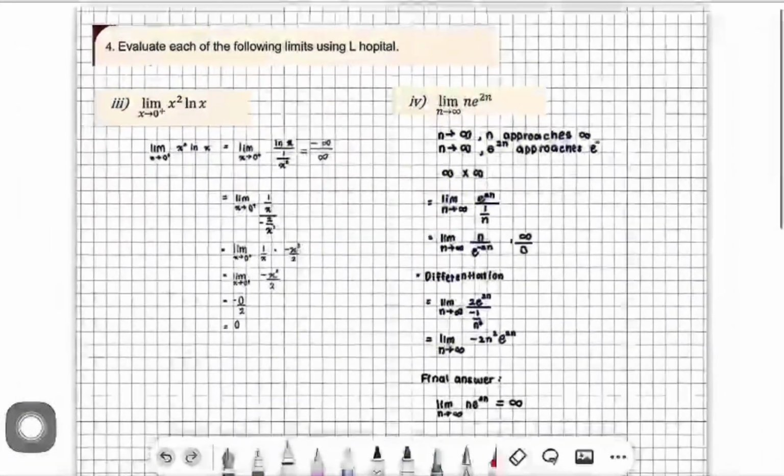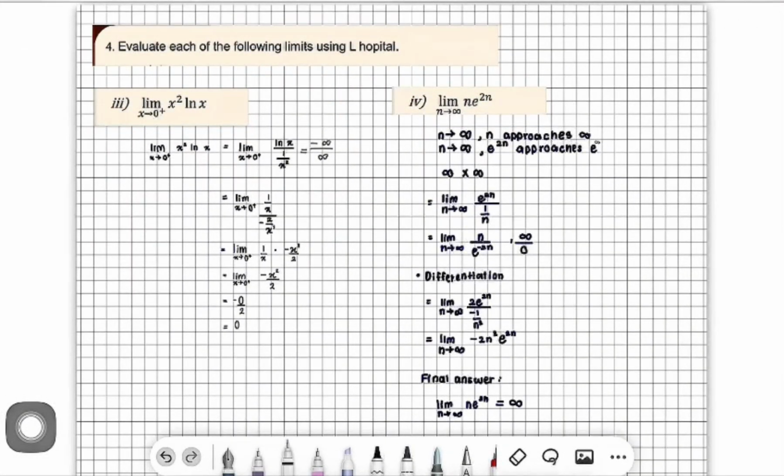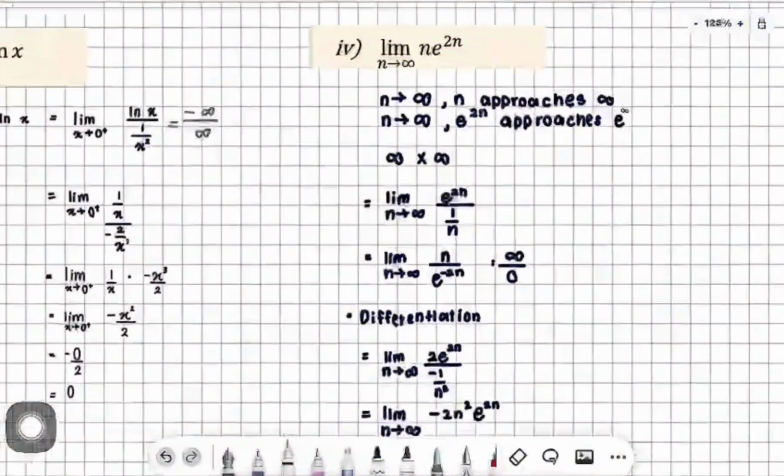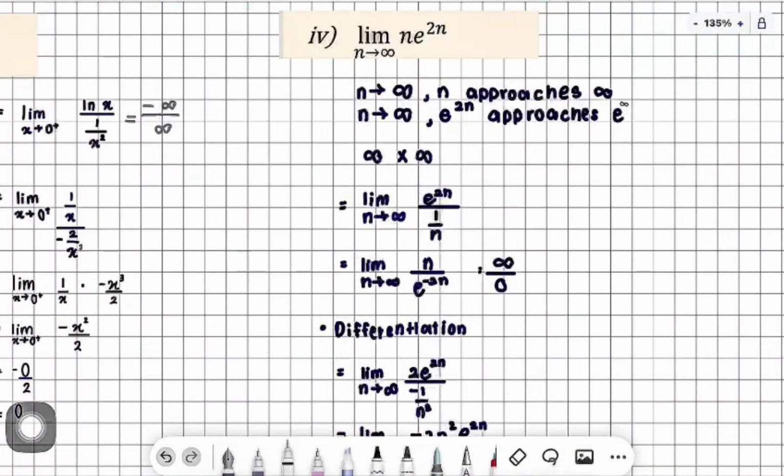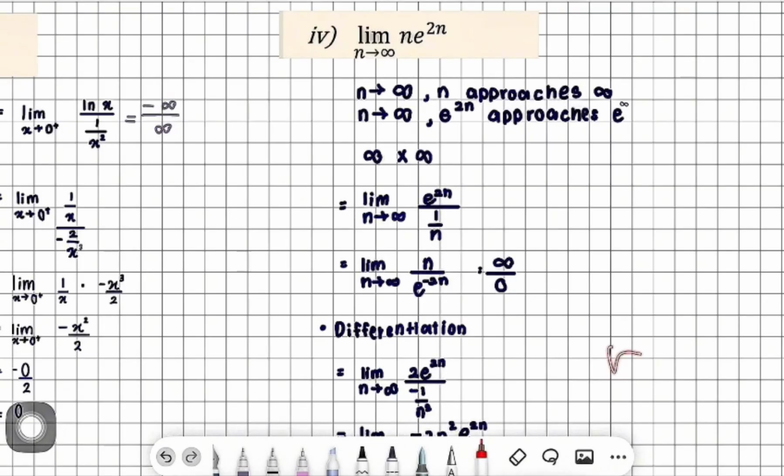So for question 4, the limit of n times e to the power of 2n. Before we apply any special rule, we have to check the limit by substituting infinity into the expression.